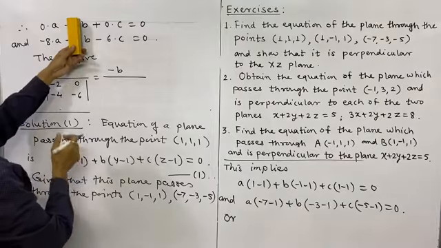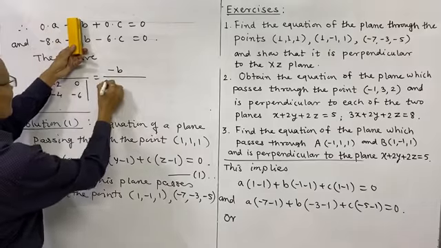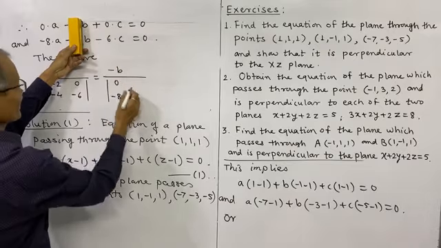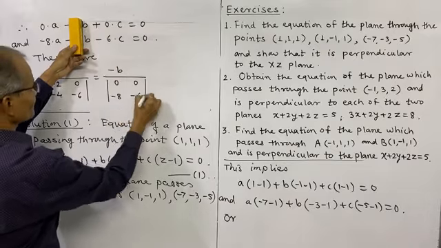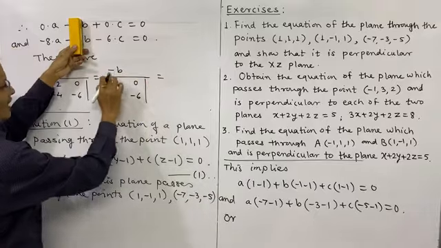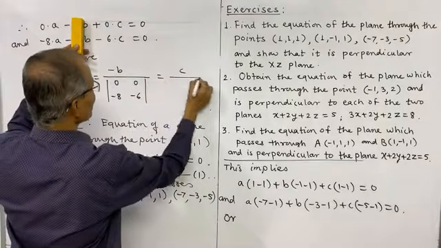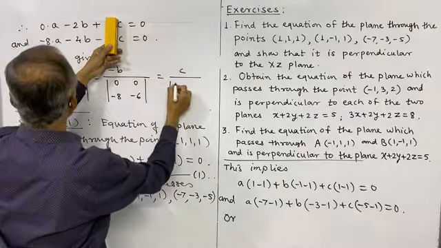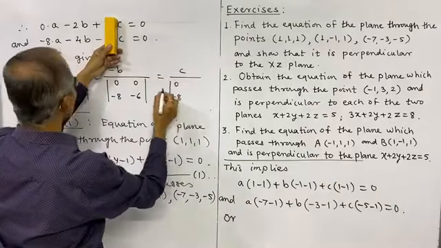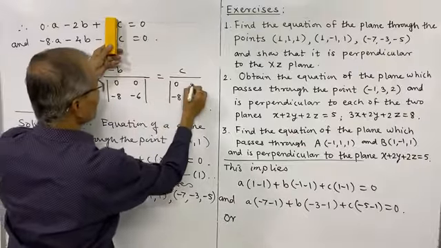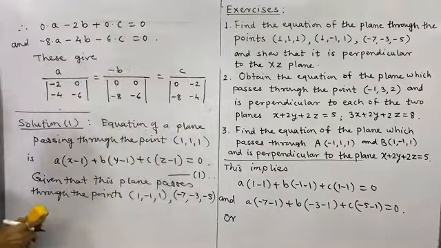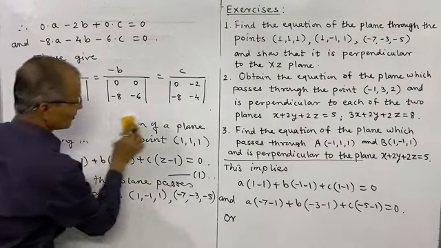Column wise we should write 0, minus 8 and then 0, minus 6. Only the thing to be noted is this is negative and this is c divided by, hide this and write this determinant 0, minus 8, minus 2, minus 4.